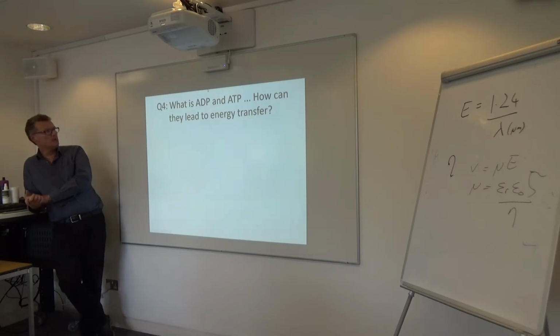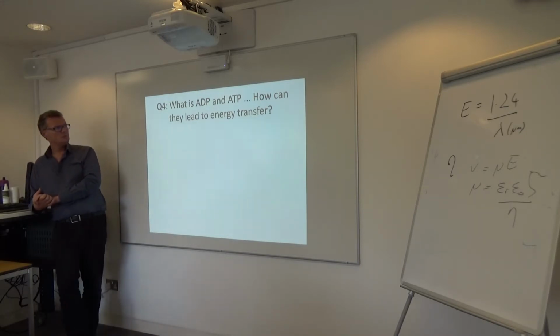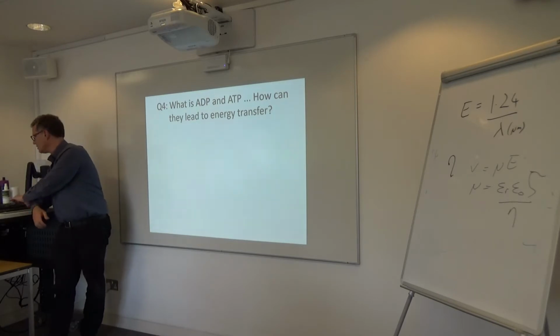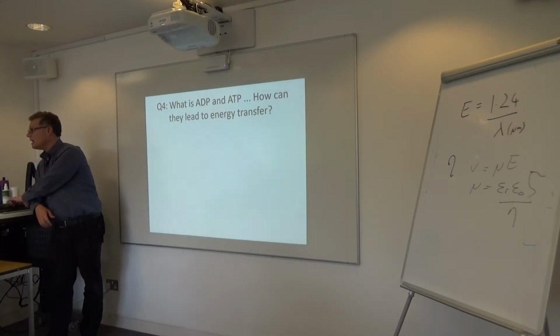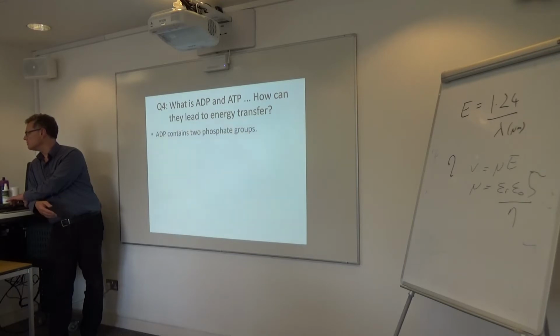Okay, this is what I might do. What are ADP and ATP? Again, we wouldn't need to write out the long words. How can they lead to energy transfer? You just have to say how many phosphate groups they've got. One has 3 phosphates and the other has 2.